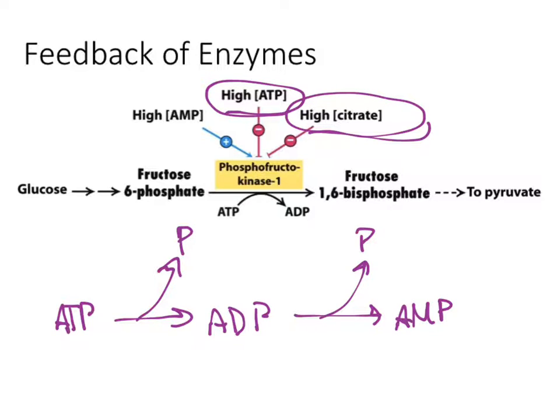AMP represents a low energy state of the cell then. And so in order to ramp up the process here, AMP is an allosteric activator. It opens up that active site. It allows it to be more accessible to the substrate fructose 6-phosphate, and therefore increases the rate of glycolysis to provide energy for the cell.